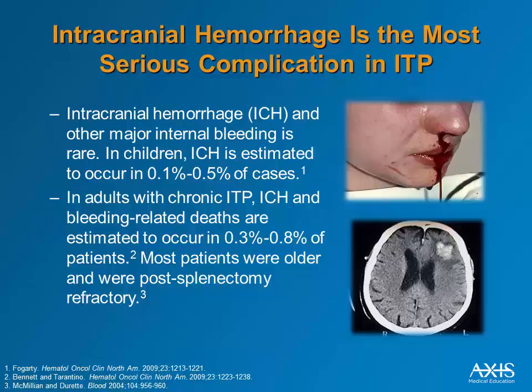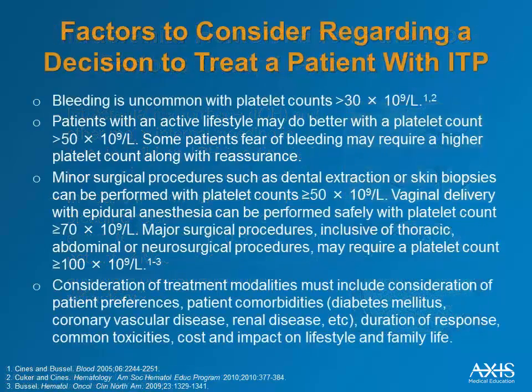Now, the incidence of fatal bleeding is predominantly linked to the development of intracranial hemorrhage, and with the advent of the thrombopoietin receptor agonists, there is a suggestion that these fatal bleeding events may be on the decline. Bleeding is uncommon in patients with platelet counts greater than 30,000.